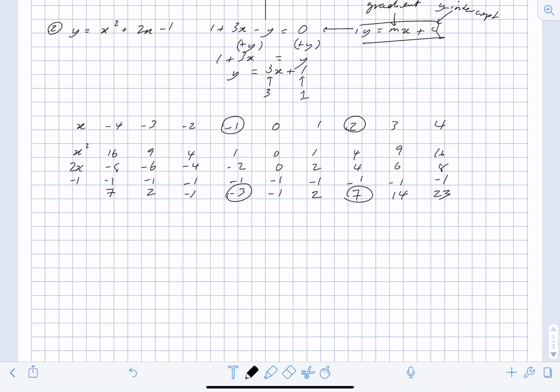I mean, you can obviously carry on practicing as many of these as you want or can. I would highly recommend any of the equations which aren't in the form y equals some function of x.